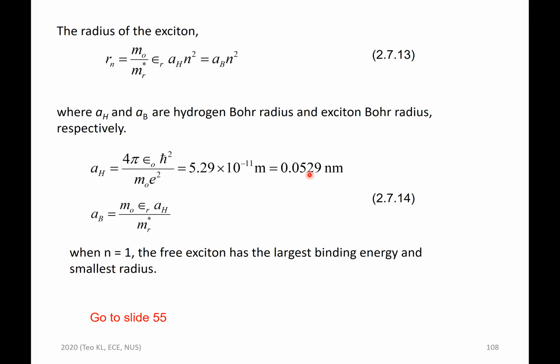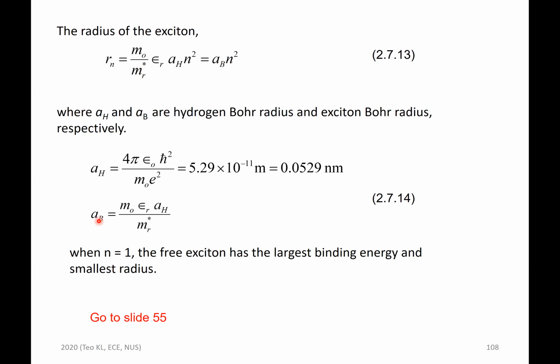Similarly, for the exciton, you also have a Bohr radius. The radius of the exciton is basically the Bohr radius times n squared. If n equals 1, the smallest radius of the exciton will be equal to aB, which is the Bohr radius of the exciton.